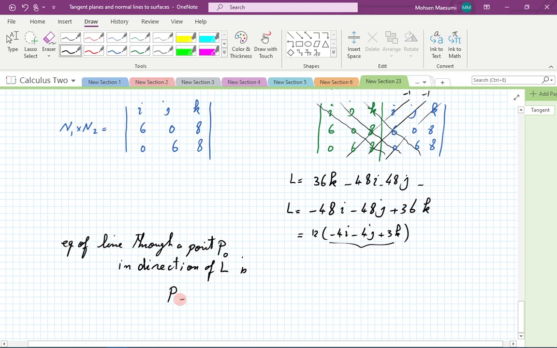The location you're after: start from where you want to start, plus a multiple of the direction you're supposed to travel on. Okay, equation of a line.